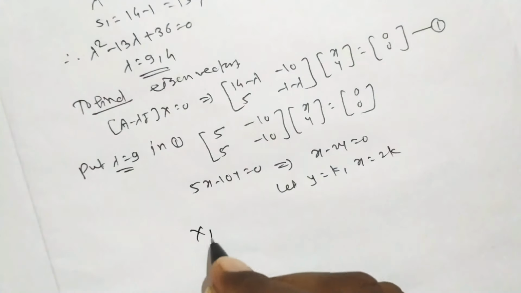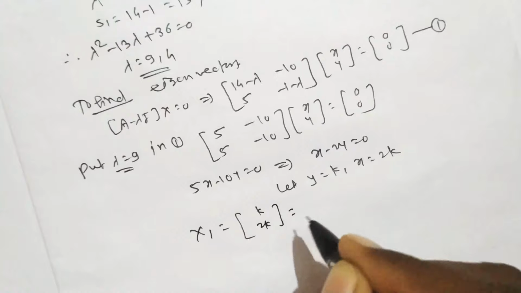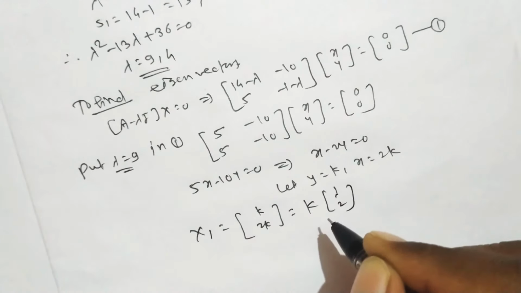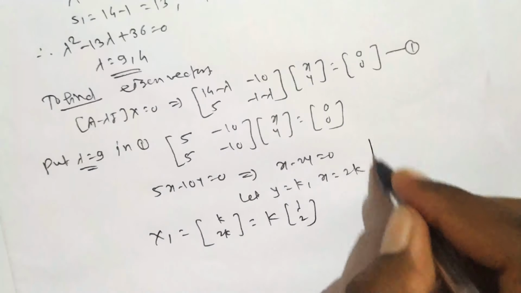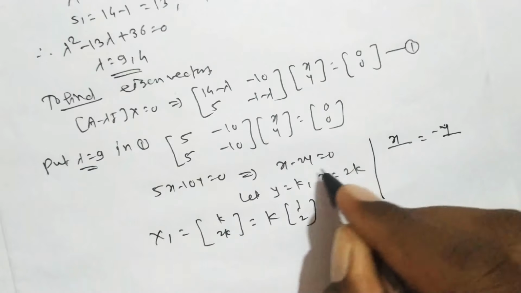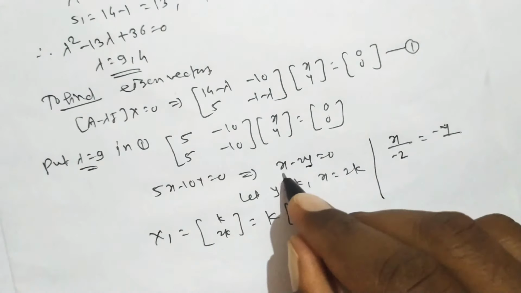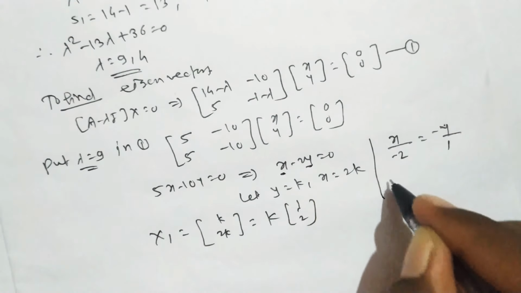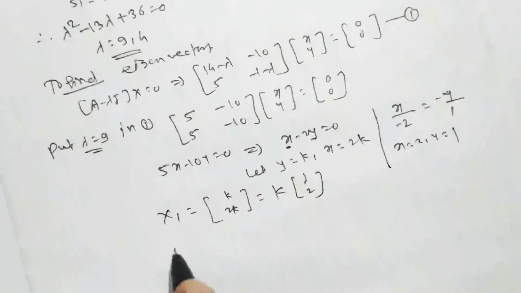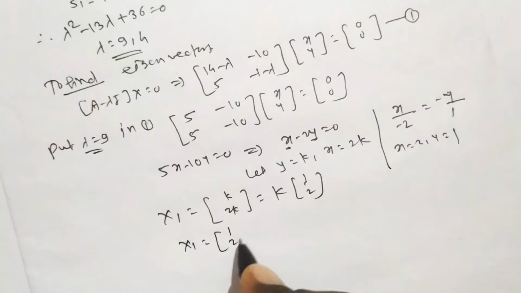Okay, and therefore eigenvector x1 is equal to k, 2k. How do we write? Take k outside, 1 2. This is one way. Another way is using Cramer's rule: we can write x upon, equal to minus y upon. So x upon, write down the coefficient of y, that is minus 2, and equal to minus y upon, write the coefficient of x, which is 1. So x equal to 2, y equal to 1, minus minus plus 1. And therefore the first eigenvector x1 is equal to 1 2.